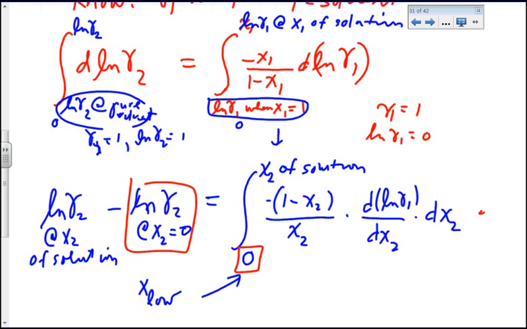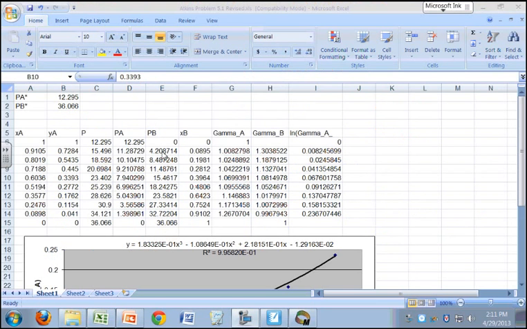Instead of ln gamma 2 at x2 equals 0, you can put ln gamma 2 at x2 equals x low, and you won't have to worry about this quantity right here, this ratio of the mole fraction going to negative infinity. Let me illustrate that.